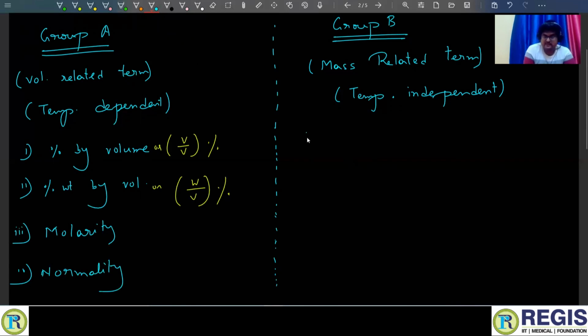Now, if you go for classification for group B, first is percent by mass. Percent by mass means basically weight by weight percentage. Next one is mole fraction.